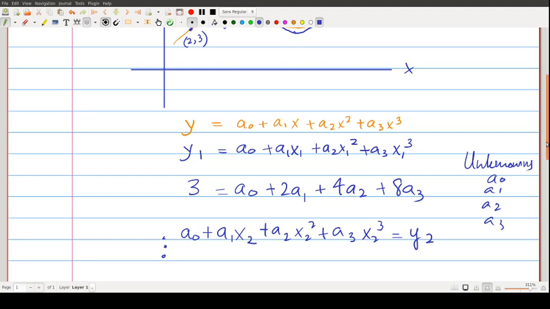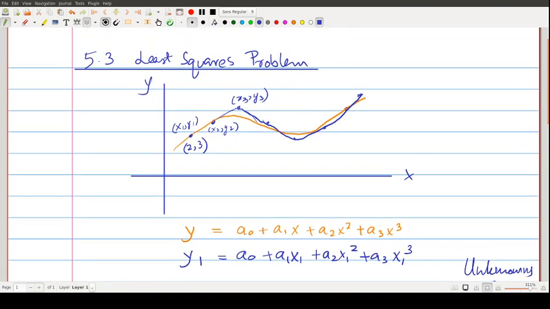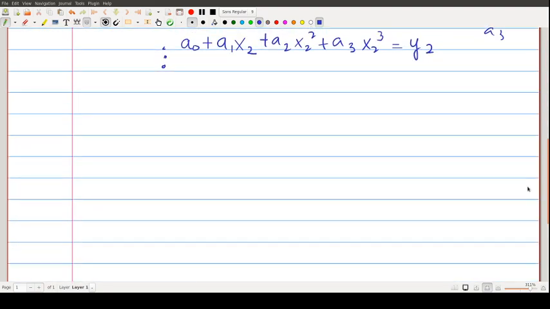So the last point is xm ym. So let me just write down this system.